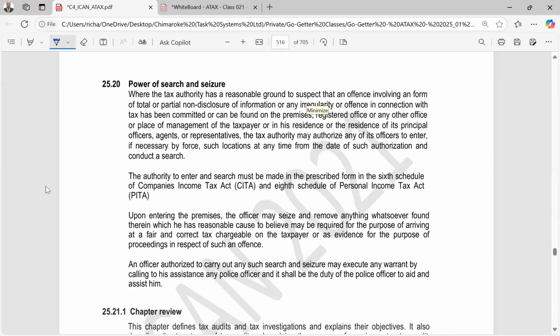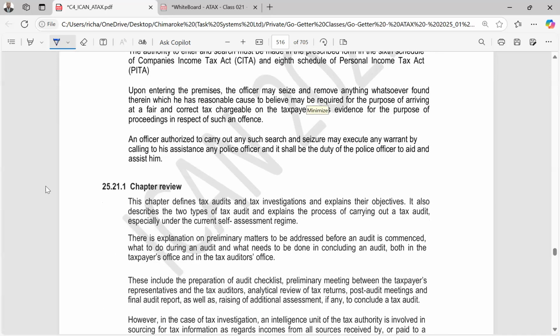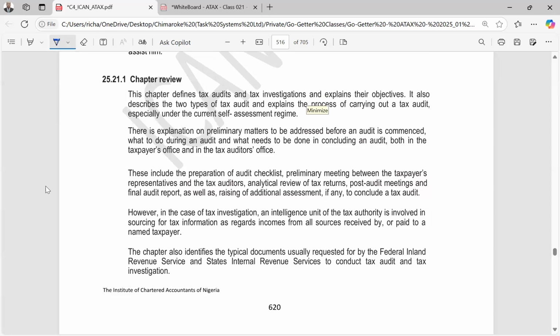And so that's it. We have come to the end of today's class. The brief one, we've learned tax audits. We saw that tax audits are of two types: field and desk audits.